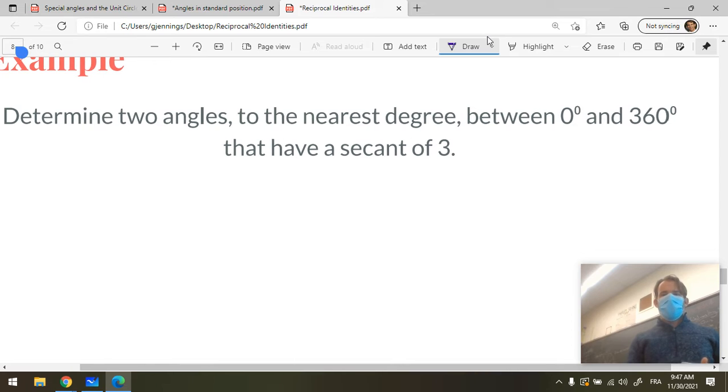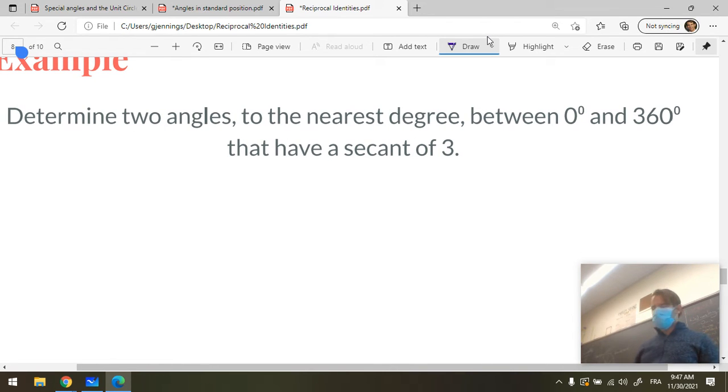So now we want to know two angles to the nearest degree that have a secant of 3. Okay. So let's find some angles that have a secant of 3, and we want to find those angles to the nearest degree between 0 and 360. There will be two angles. They'll be in different quadrants. So secant is related to which of our trigonometric identities? Yeah, so if I have secant of theta, we're looking for angle theta.